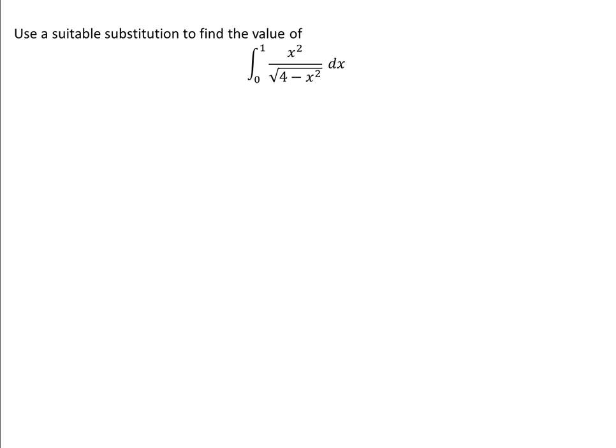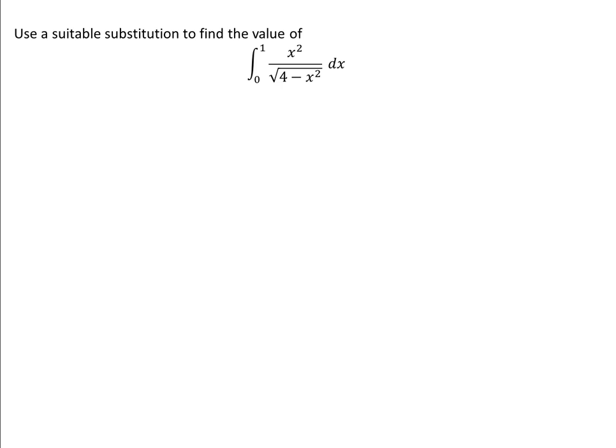And this is one where it is well worthwhile investigating the possibility of making a substitution of the form x equals 2 sine theta. Because if we do that, the 4 minus x squared becomes 4 minus 4 sine squared theta, or 4 lots of 1 minus sine squared theta, or 4 lots of cos squared theta.